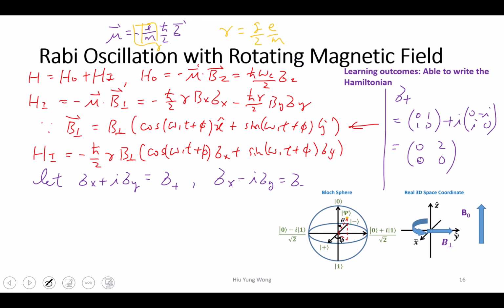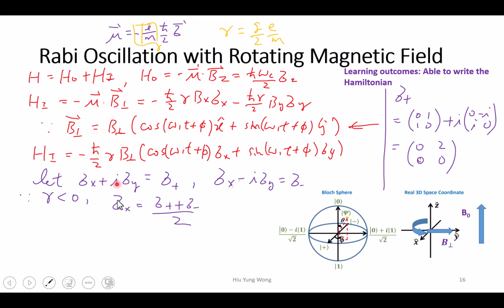With this, and because gamma is less than 0, is negative, I can plug in. But actually, before that, I need to show you what sigma x is, because I need to do a substitution. Sigma x equals sigma plus plus sigma minus, divided by 2.